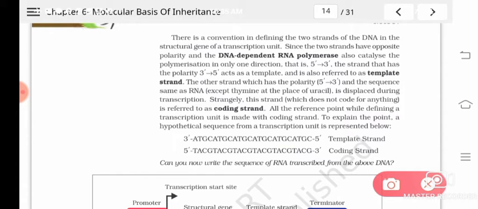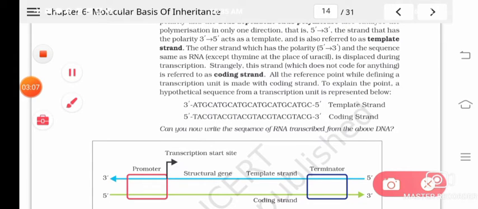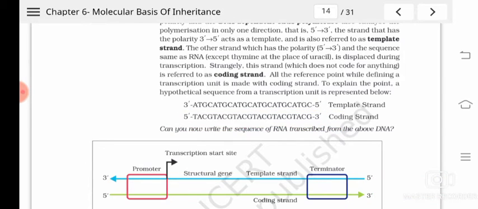You can see here the two strands of DNA shown. One is in the 3'5' direction, and the other is in the 5'3' direction. You can see the base pairs A, T, G, C, A and so on, and here it will be complementary.